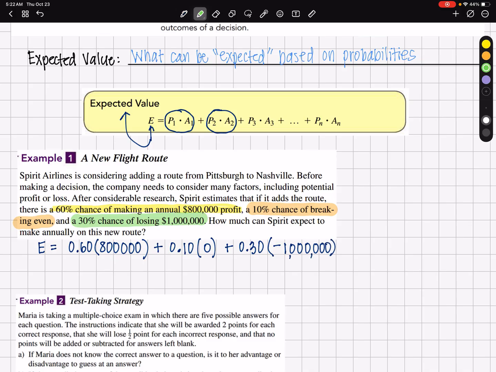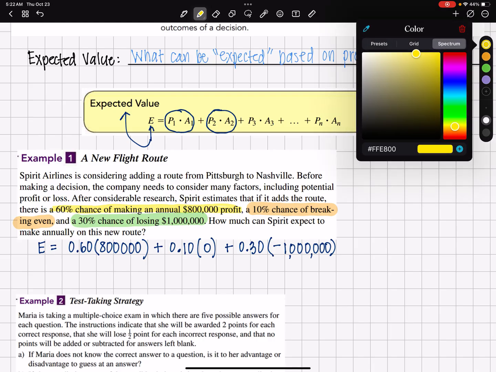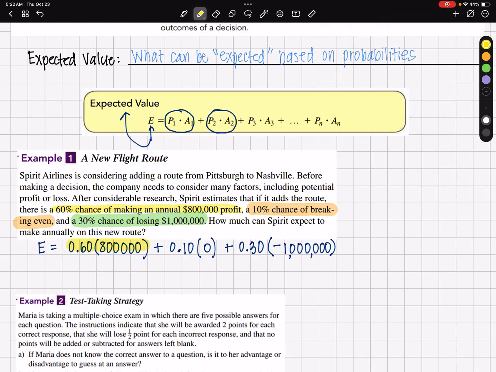I'm going to use my highlighter again. This first value right here came from the 60% chance of the profit, the 10% chance of breaking even, and the 30% chance of losing money. We're going to put that into our calculators, and we're going to find that 60% of $800,000 is $480,000 plus 0, and then we put 30% of $1 million in, and we're going to get a negative, I'm going to change that to a subtraction sign, a negative $300,000.